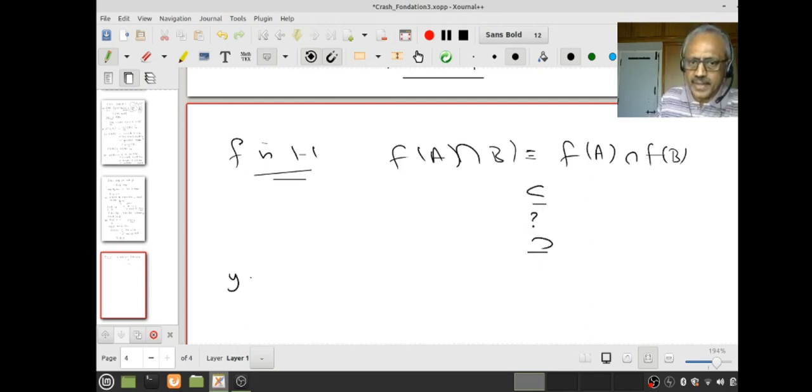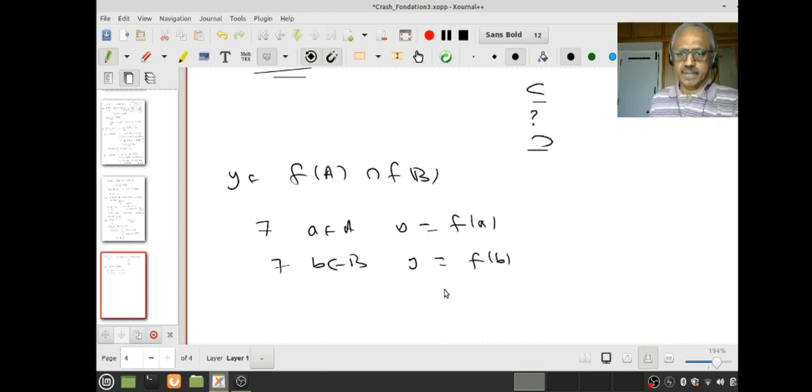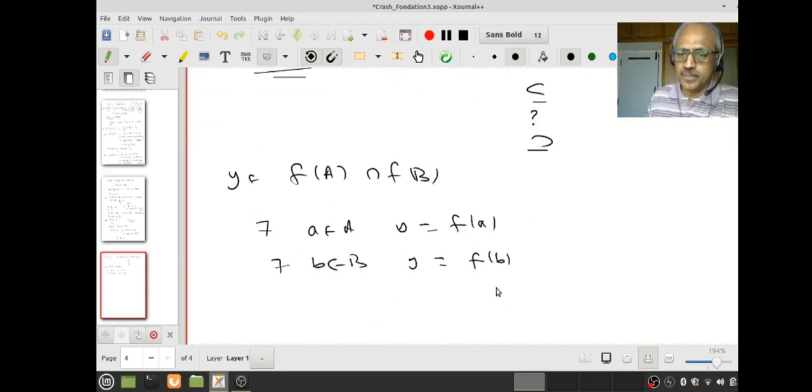So let y belong to f of A intersection f of B. What does that mean? This means there exists an a in capital A, so that y equals f of a. Similarly, there exists a b in capital B, so that y equals f of b. Do you understand that? But what do I know? If f is 1-1, I have f of a equal to f of b.